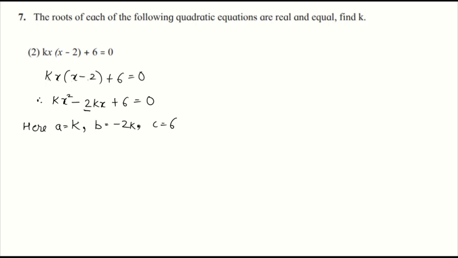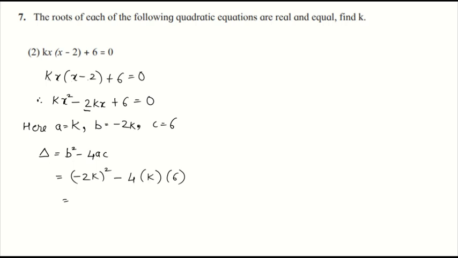So we know that delta can be found using b square minus 4ac. What is b? It is minus 2k square minus 4 into a is k into c is 6.